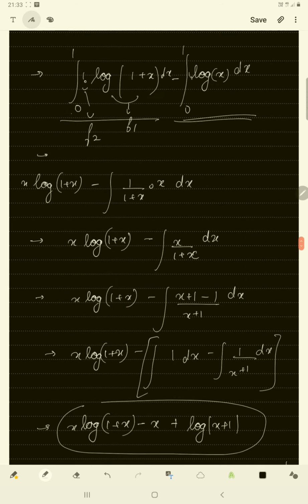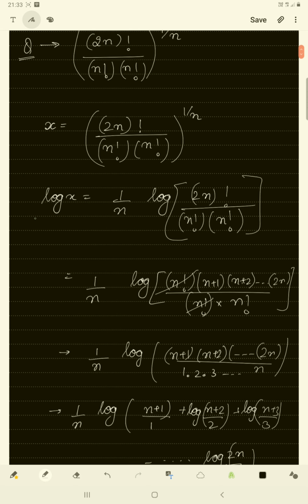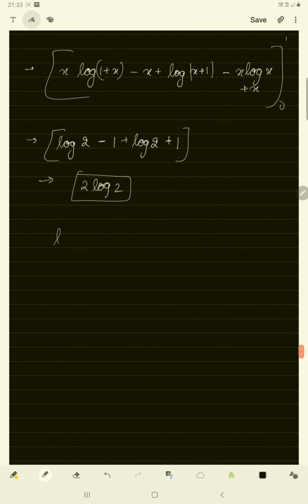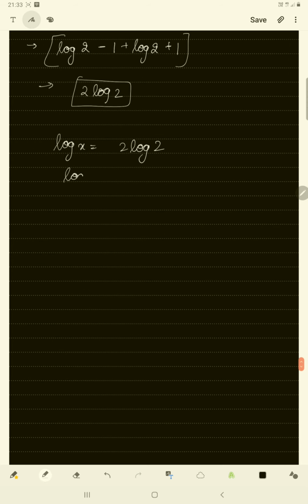But we considered log x to be this, so we just need to write log x as 2 log 2. So log x is equal to log 2 to the power 2, so x is equal to 2 to the power 2, which is 4. So this is our final answer. Thanks for watching.